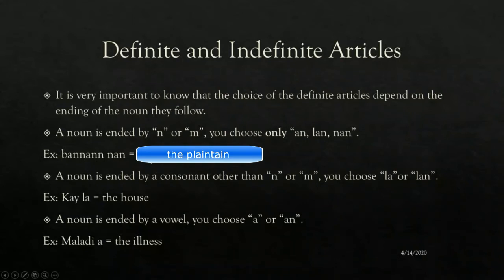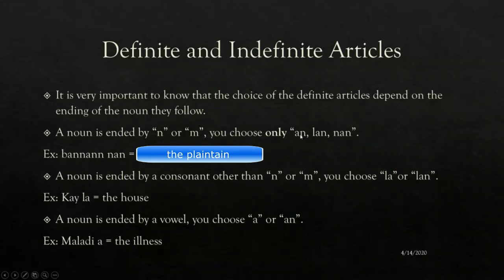The article, like I said, is placed at the end, after the noun. And when the noun ends by n, like this one, you choose na, or you can choose la, or you can choose banana.